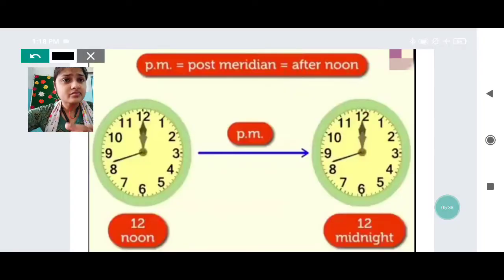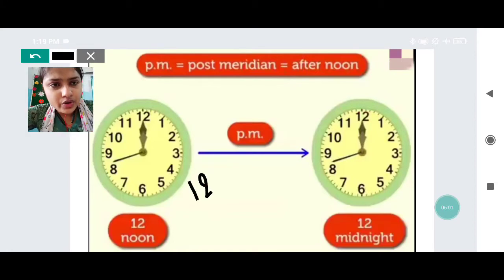Now PM, post meridian. In this, my dear, from 12 o'clock, when the fourth period of yours starts, during the online classes when you used to join at the fourth period, from that time it's afternoon, and it is considered as PM.